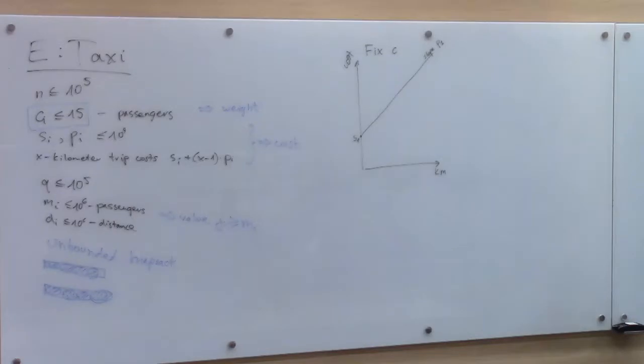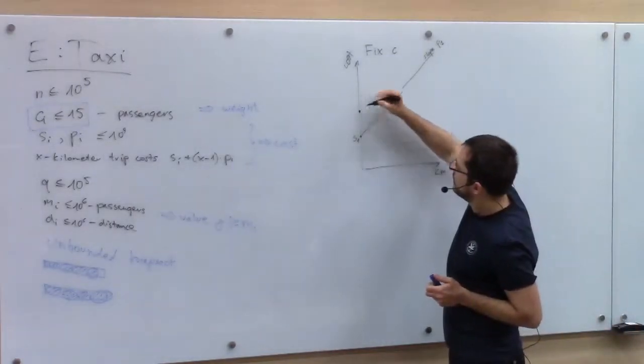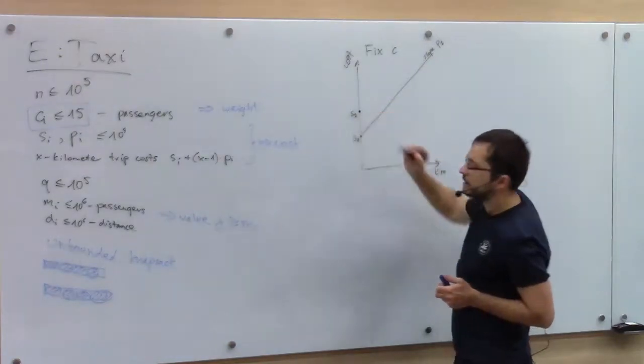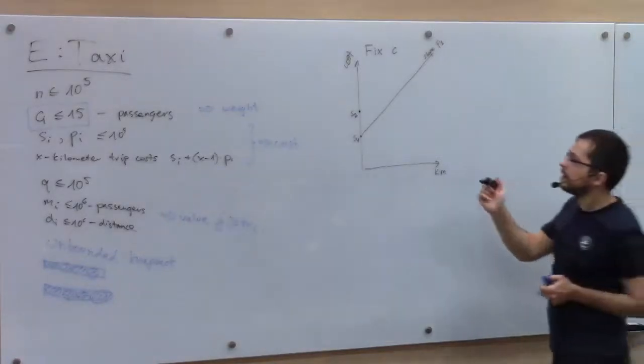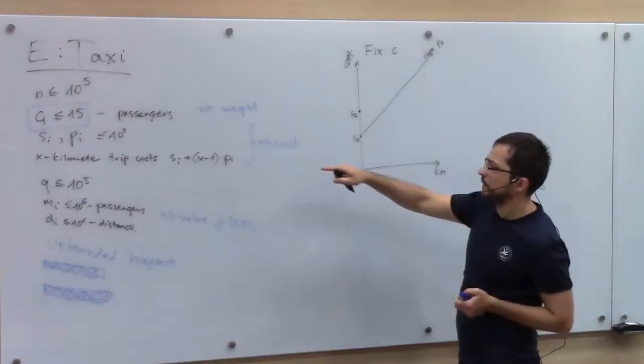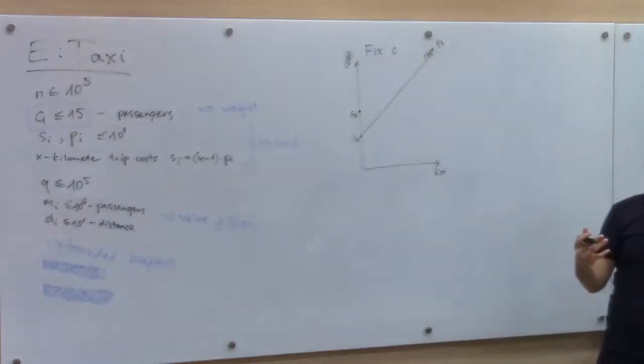For some different car, maybe it will be more costly to get into this car. So the cost of the first kilometer will be higher, but the cost of the next kilometers can be cheaper.